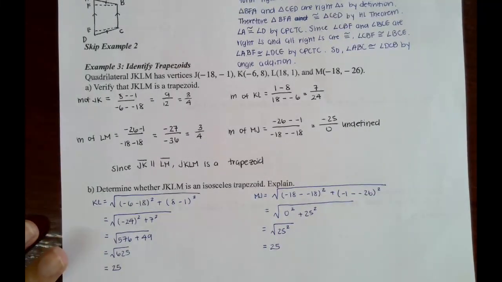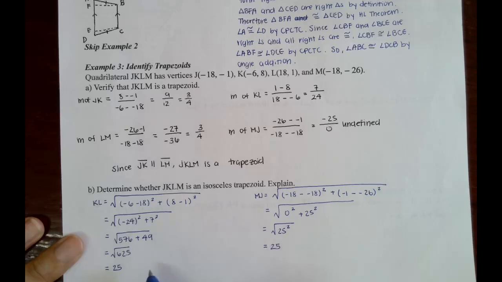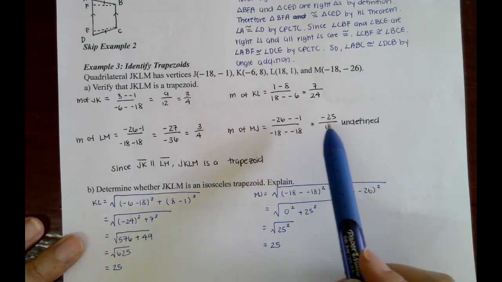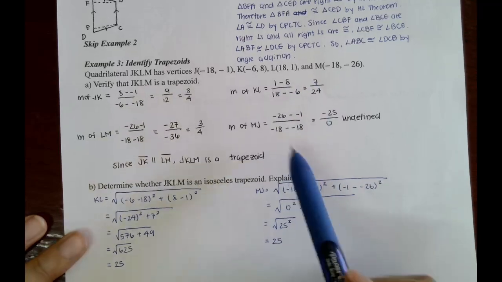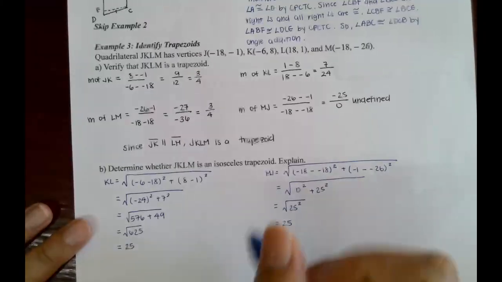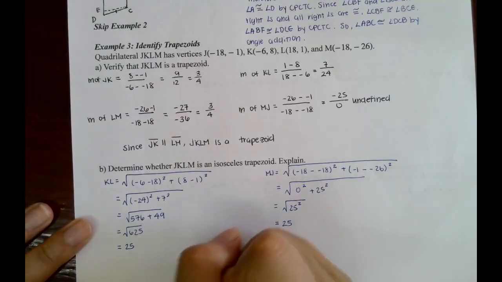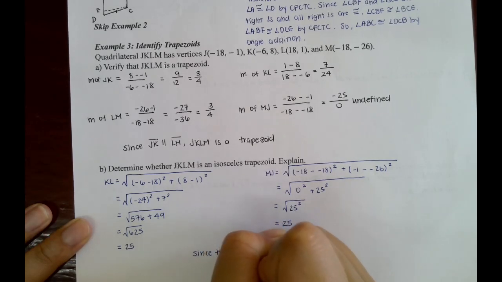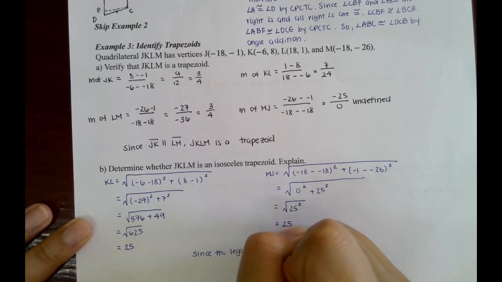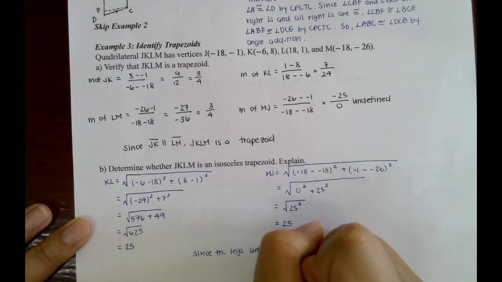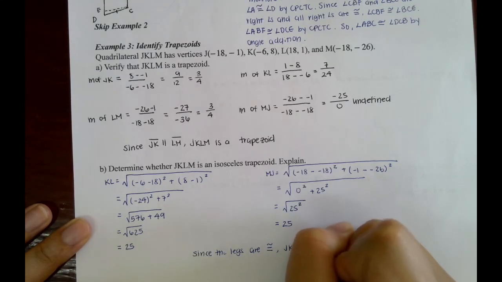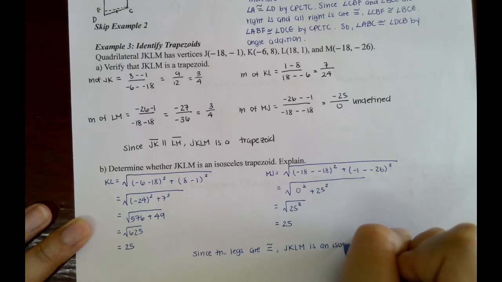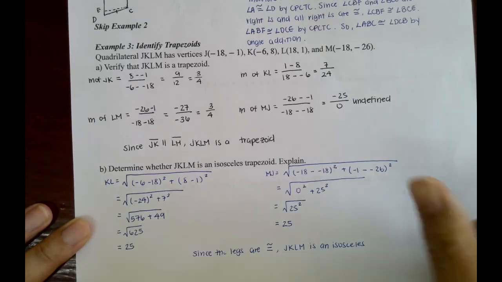Okay, and so since they are congruent, the legs, so the non-parallel sides, are congruent, this is an isosceles trapezoid. So, since the legs are congruent, JKLM is an isosceles trapezoid.